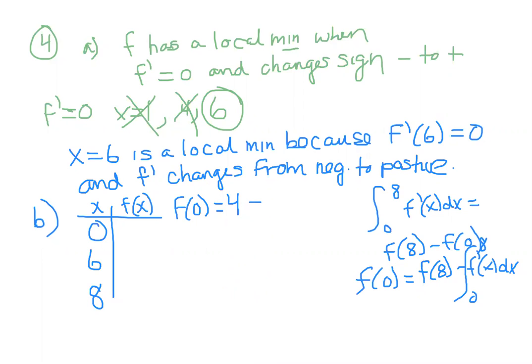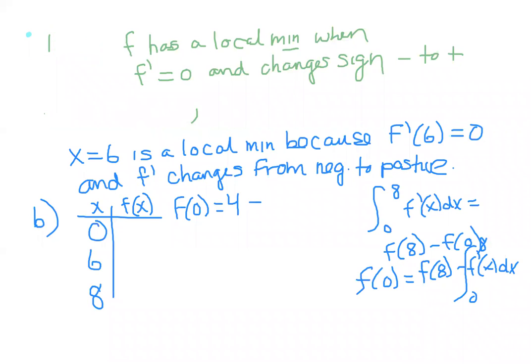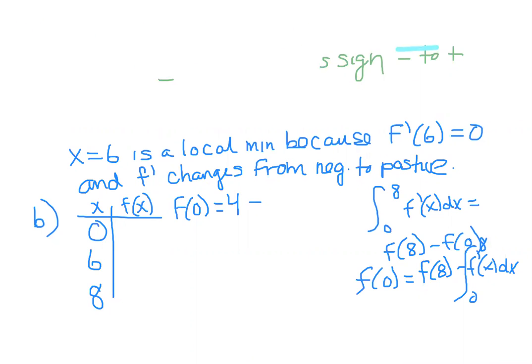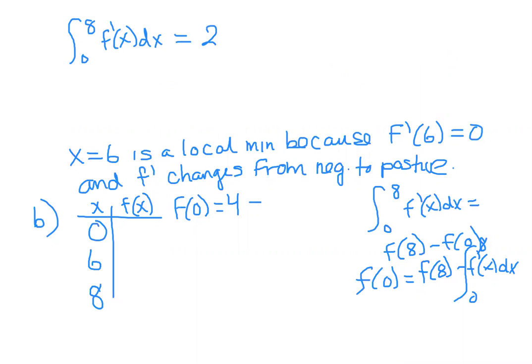The integral there is just going to be all those areas added together, but the ones below the x-axis have to be subtracted. So I'm going to erase this up here so I have space. The integral from 0 to 8 of f prime of x dx equals: the first area is 2, then an area of 6, then an area of 3 that's below the x-axis, and then an area of 7.